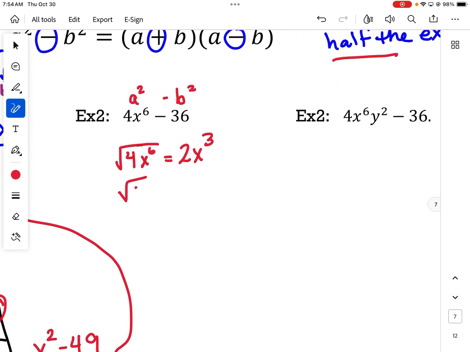Then you take the square root of 36. What do we get there? 6. So then this is A, and this is my B. Oh, not A again, sorry.